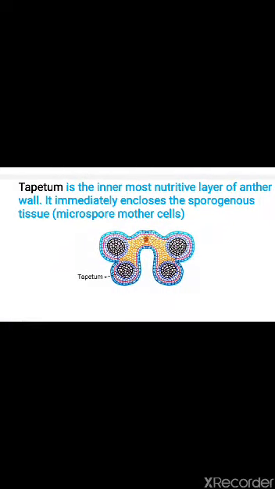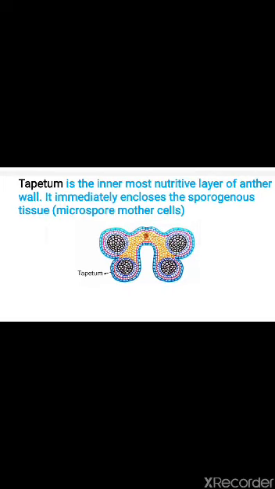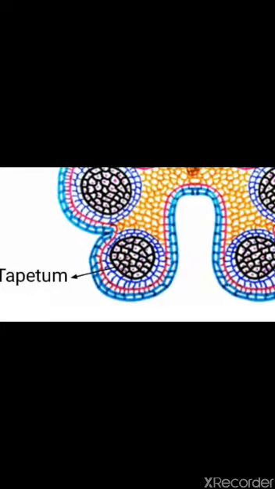Then the last layer is the tapetum. Tapetum is the innermost nutritive layer of the anther wall, and it immediately encloses the sporogenous tissue, that is the microspore mother cell.